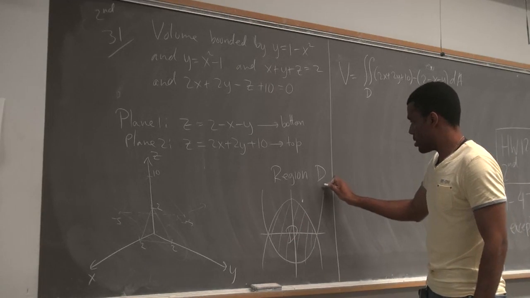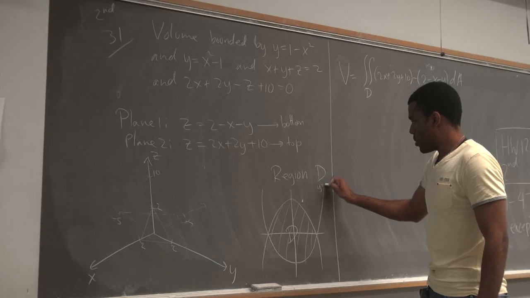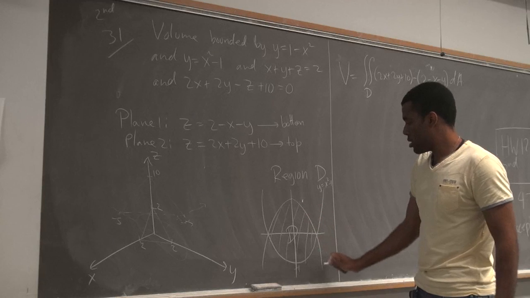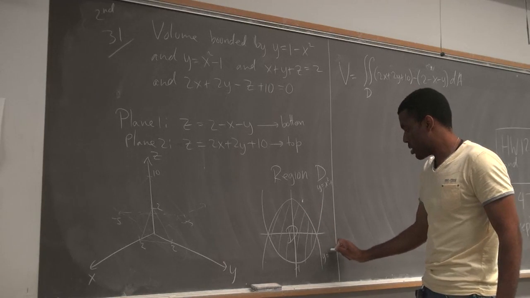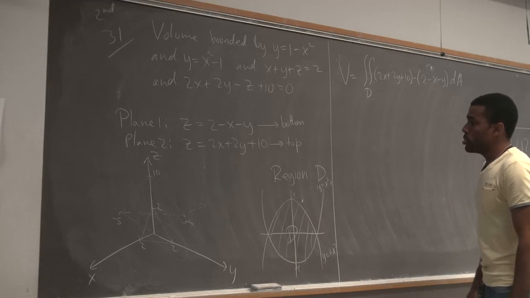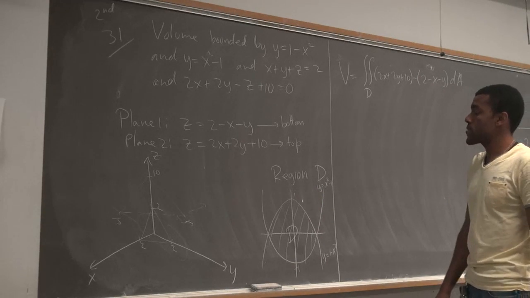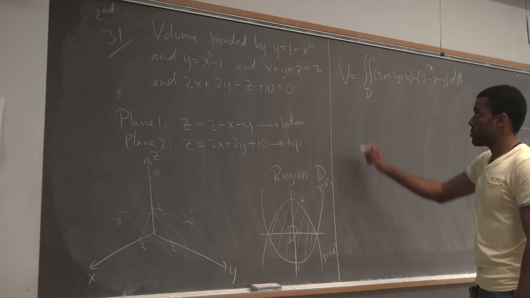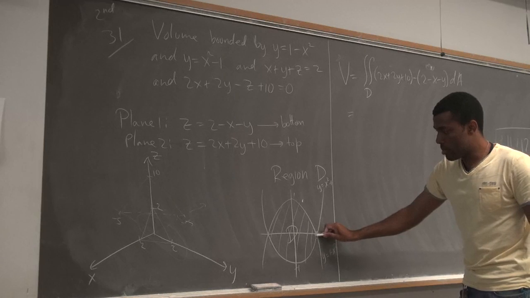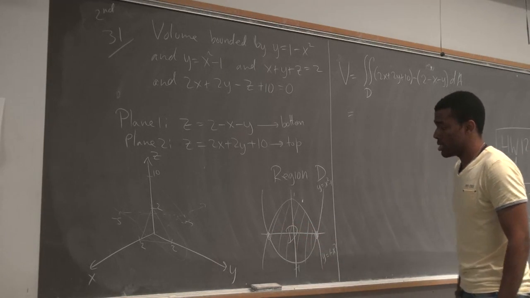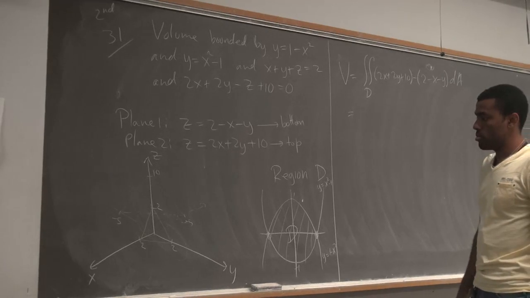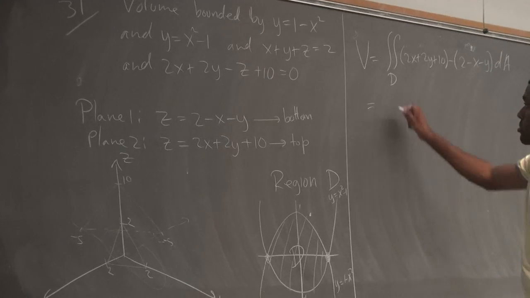That's your D, so this is y equals x squared minus 1, so this goes down to minus 1. This guy is y equals 1 minus x squared, so this goes up to 1. How would you describe the region? By the intercept, I think. Right, they intercept at the same place. X is between -1 and 1, and y is between x squared minus 1 and 1 minus x squared.